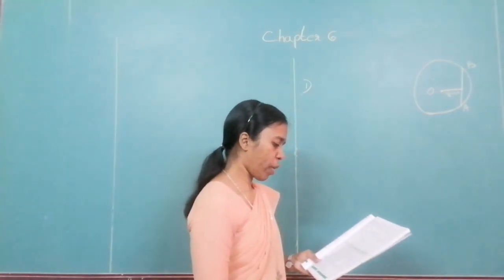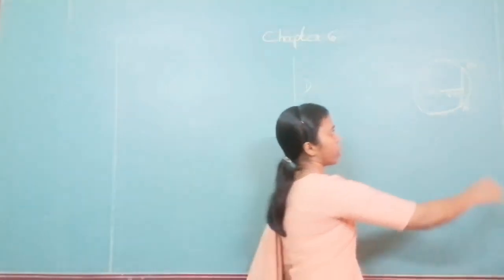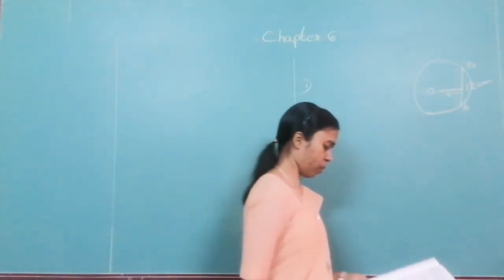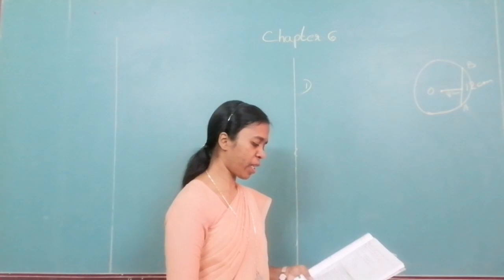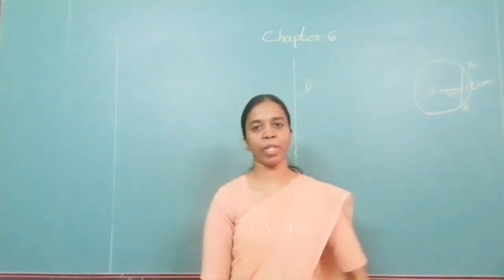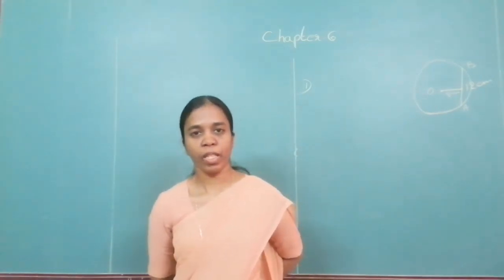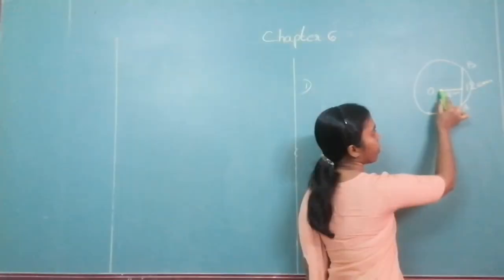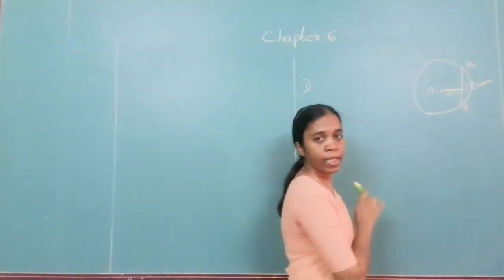Length of the chord AB is 12 cm. Now the length of AB is 12 cm. What are you supposed to find? Find the diameter of the circle. How do we find the diameter of the circle? Is the question clear to you? What is given to you? From here to here the distance is 8 cm.